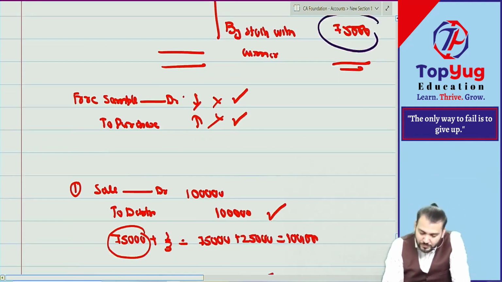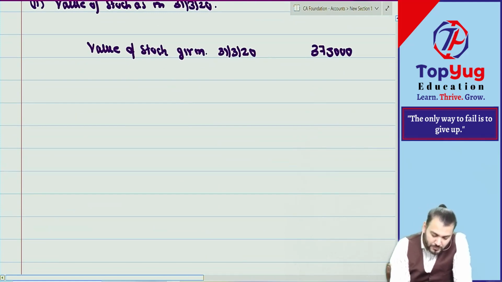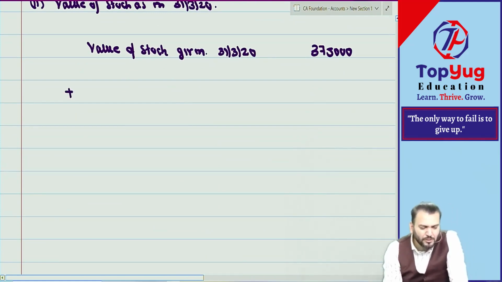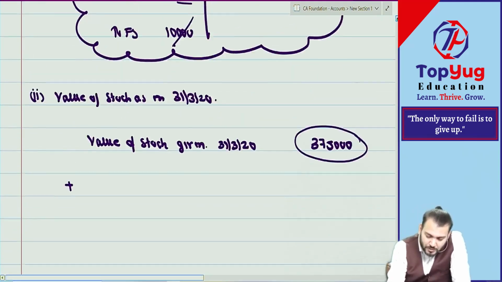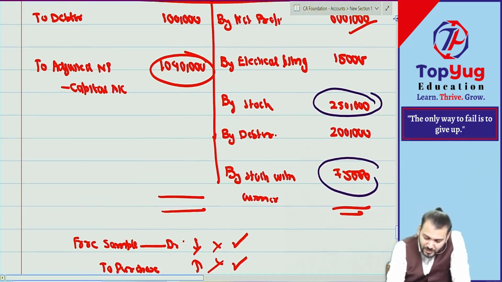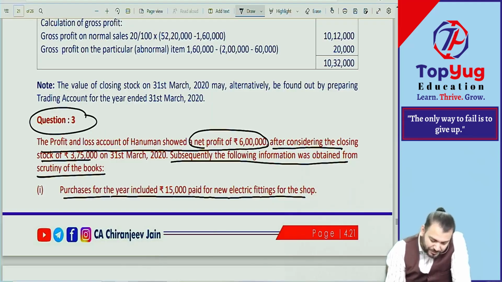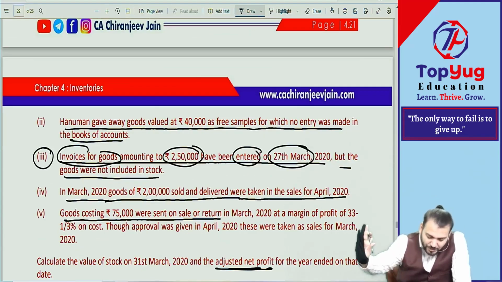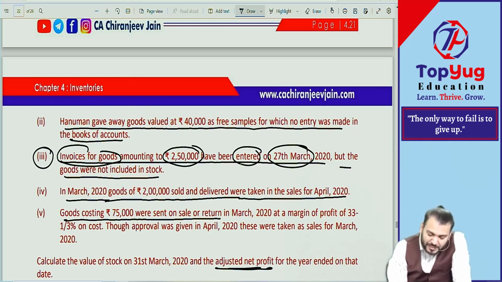So write down: first, 2,50,000. The invoice for goods amounting to rupees 2,50,000 has been entered. It means the purchase was recorded but not included in stock. To include it in the stock, write it down.